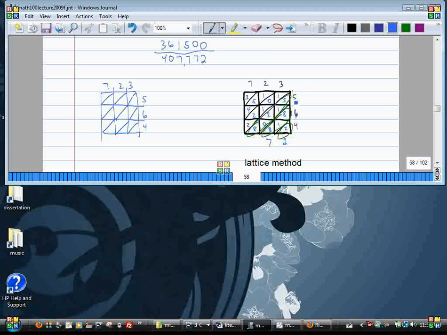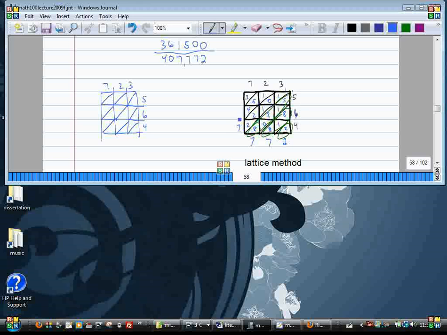Okay, now let's add all these numbers together. 1 plus 5 plus 1 plus 2 plus 0 plus 8, that works out to 17. So that gives you a 7, and the 1's going to carry over to the next diagonal. 2 plus 2 plus 1 plus 1 plus 1, that's a 7.